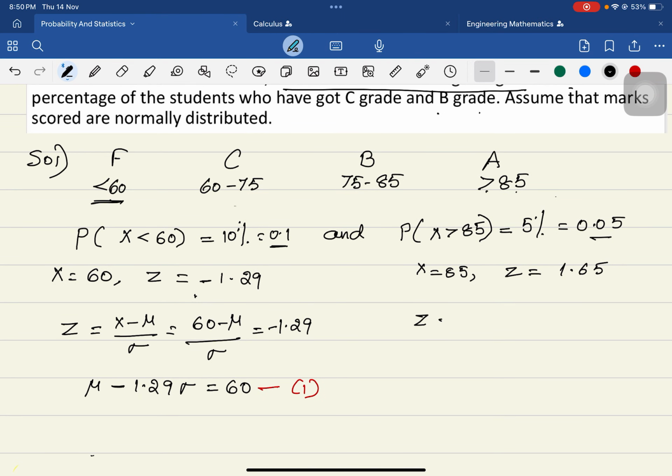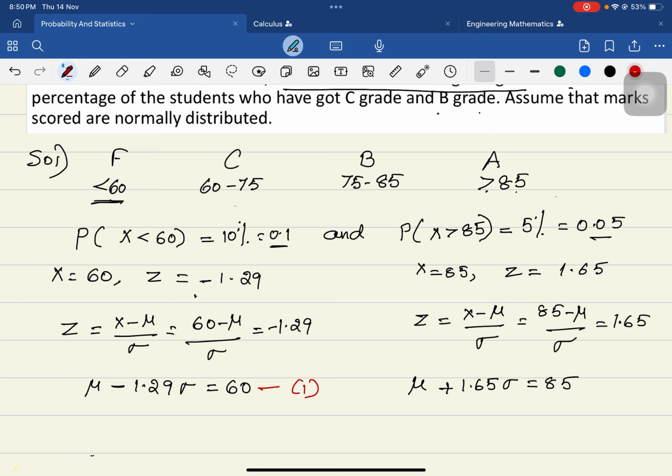So what is the standard normal variate? It is given by x minus mu over sigma is equal to 85 minus mu over sigma, and that is given by 1.65. So let us rewrite the equation now. When you take mu to the other side, it is mu plus 1.65 sigma is equal to 85.